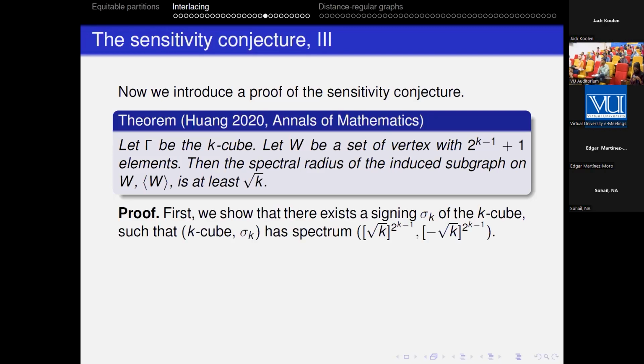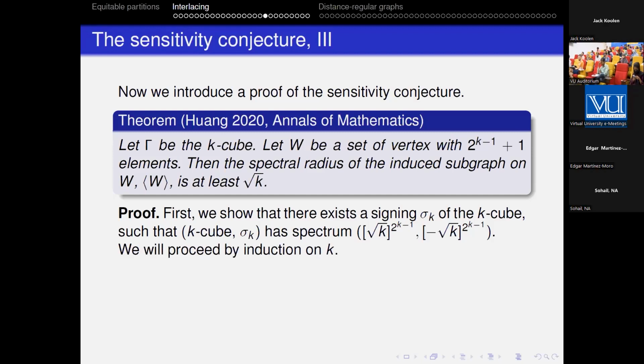So the first step of the proof is to show there is a signing sigma_k of the k-cube, so that if I give the signs to the k-cube, then that signed graph has spectrum square root of k with multiplicity 2^(k-1) and minus square root of k with multiplicity 2^(k-1), because the adjacency matrix always has a zero diagonal, so the sum of the eigenvalues will always be 0.